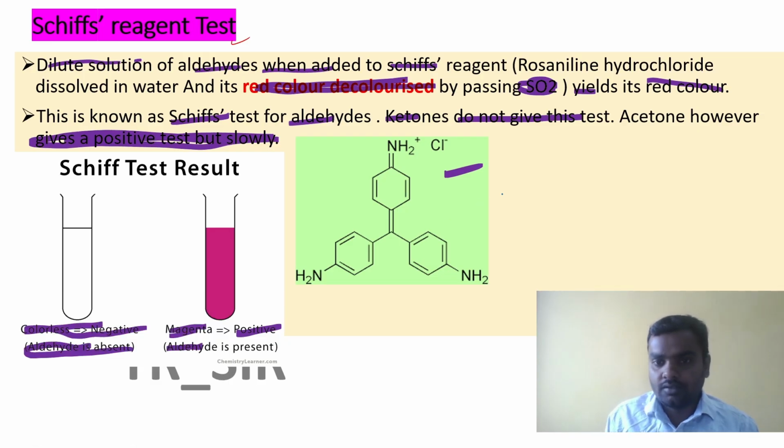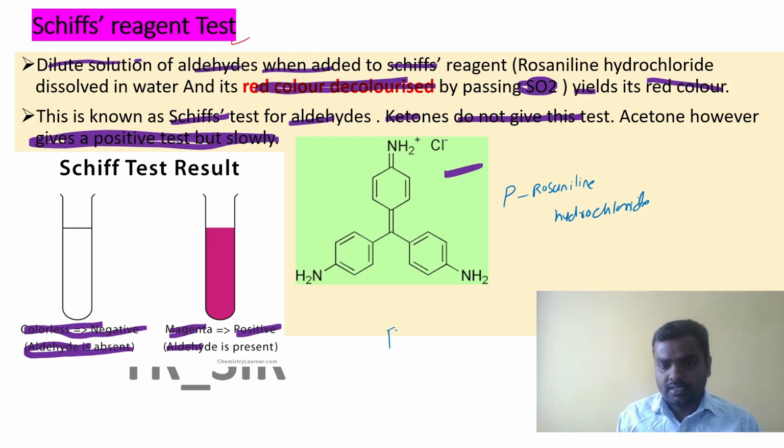This one, para rosaniline hydrochloride. Simply, in this case, what happens? Let us take RCHO.